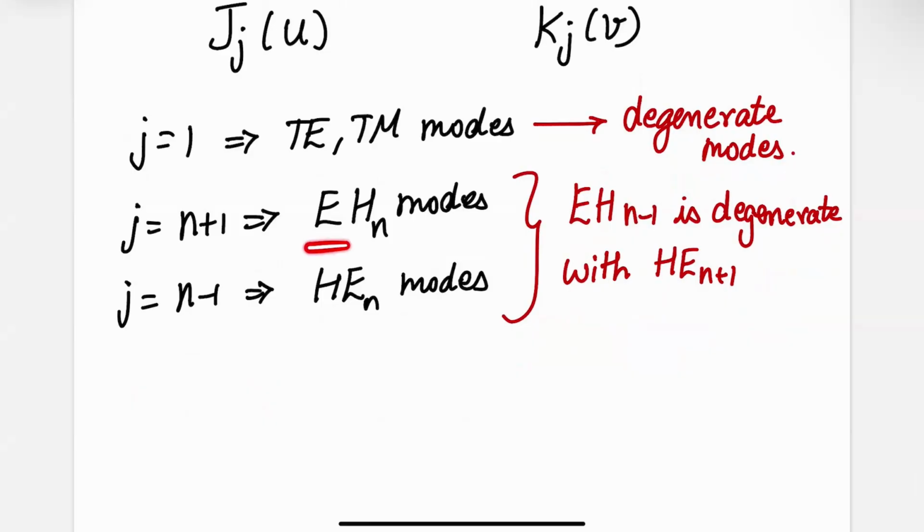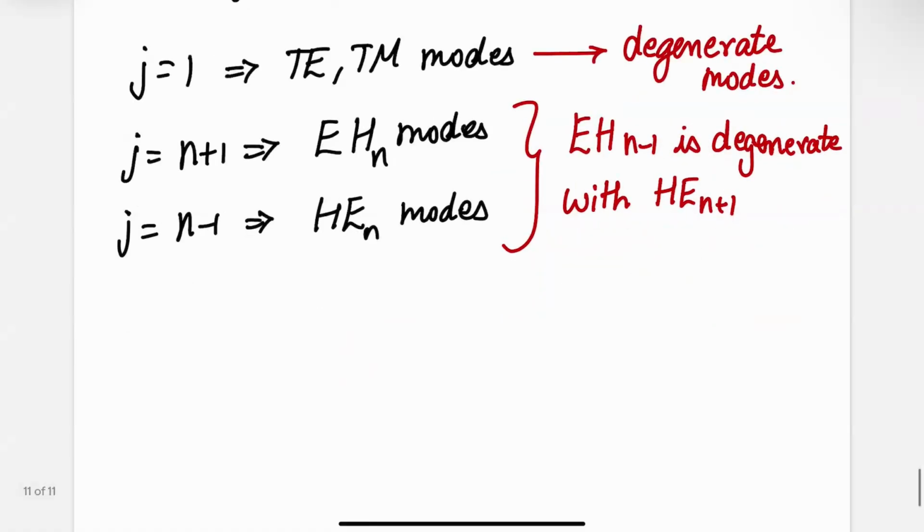Which means if I add this and this, I end up with a case where the Z component becomes very small for both E and H, and I have very large radial or azimuthal components. That's the reason you end up with this degeneracy, because in this EH and HE basis, you don't have modes that have very small Z components. You have to add them in the right way in order to get the modes that have very small Z component. And that's the reason that in the EH-HE basis, you have so many degenerate modes. Okay, hopefully that makes sense.